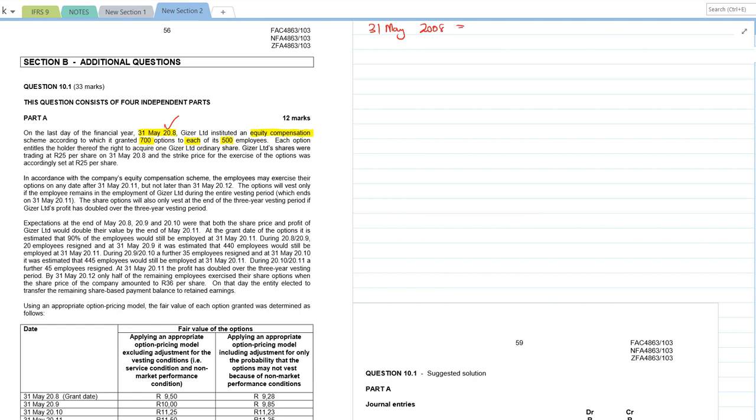That is the grant date. On this date, they give an equity settled award. How did I know that it's equity settled? Because I asked some students whether it is equity settled or cash settled, and they said they didn't know. Here it says it's an equity compensation, so it's equity settled and therefore equity accounted.